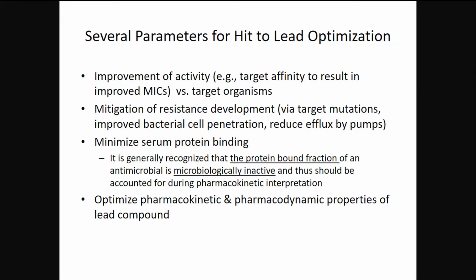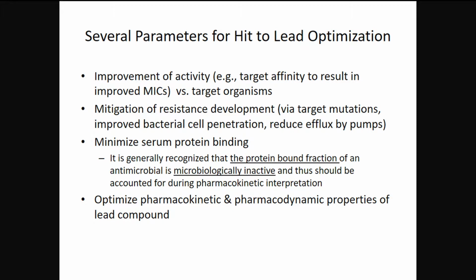So there are several parameters for hit-to-lead optimization. Obviously, the improvement of activity, so you're looking at target engagement, things of that nature. You're also going to be looking at mitigation of resistance development. So you're going to be putting organisms in there that have known resistance mechanisms and seeing what their impact is on your compound as you go forward. You want to minimize serum binding.